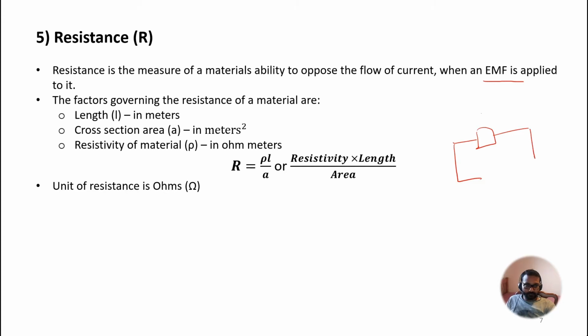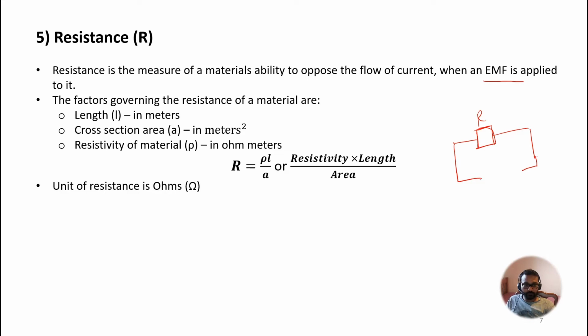So every material would have a different value of resistance, right? Resistance is the ability to oppose the flow of current when an EMF is applied.